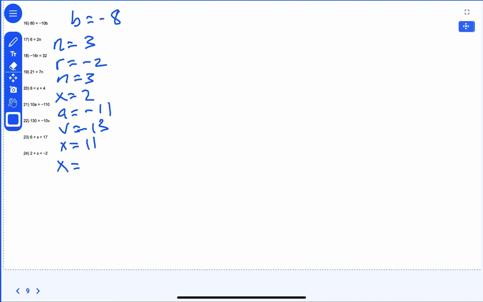And X equals negative 4. If you can do it, do it. If you can't, do the opposite and do it to both sides.